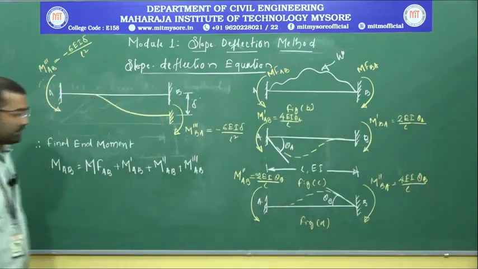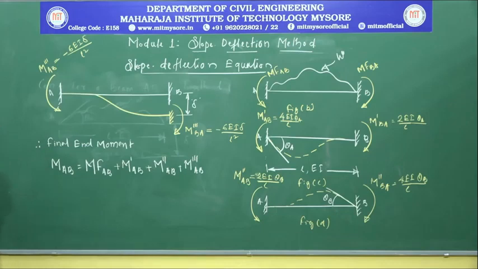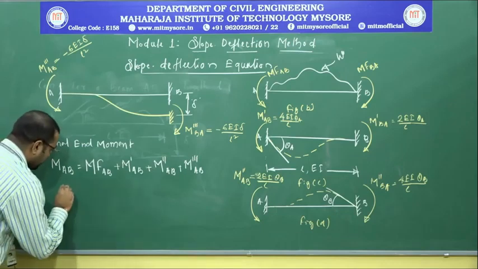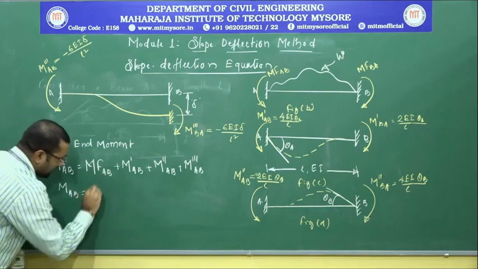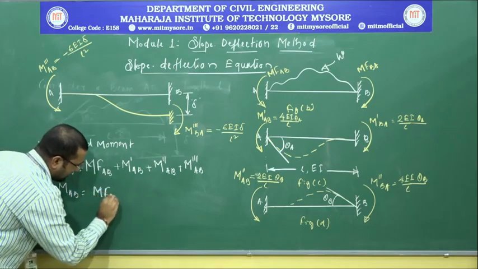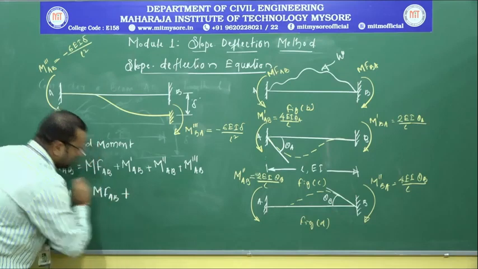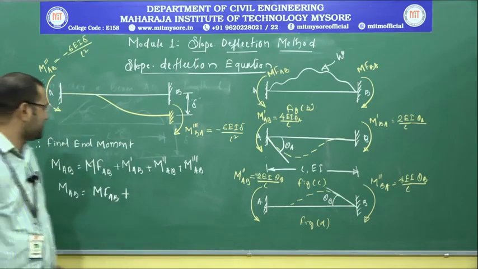So in that case, our final equation for MAB will be, MFAB will remain as it is, as it depends on the type of the loading.